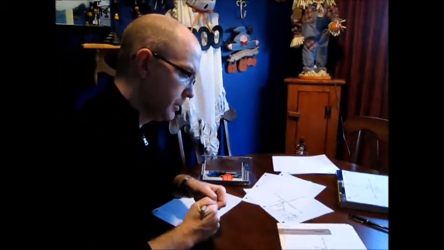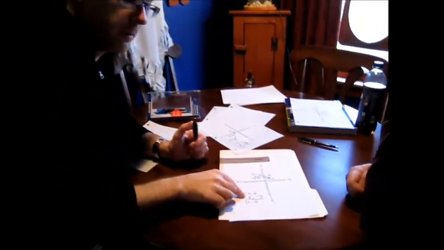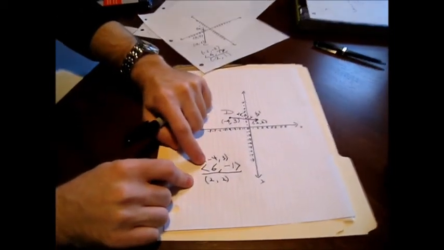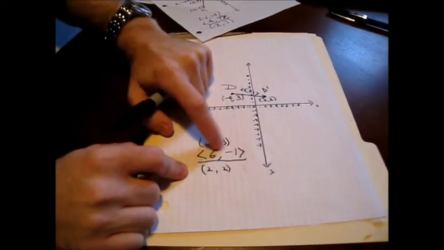We make translations from a pre-image to an image using vectors. We've got an x and y coordinate. We know that these are vectors because they've got the pointy brackets around them.